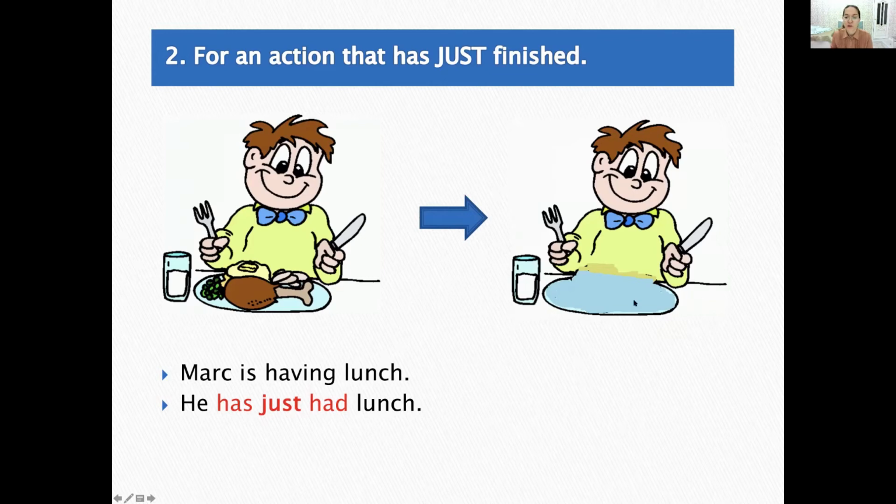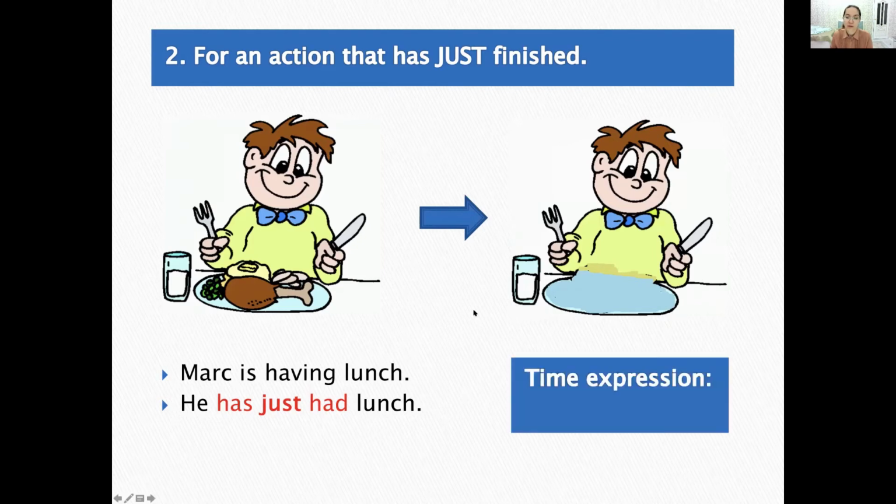There is nothing on the plate. That is why he has just had lunch. It is finished already. Yeah. The time expression here is just. But then we'll talk more about time expressions.